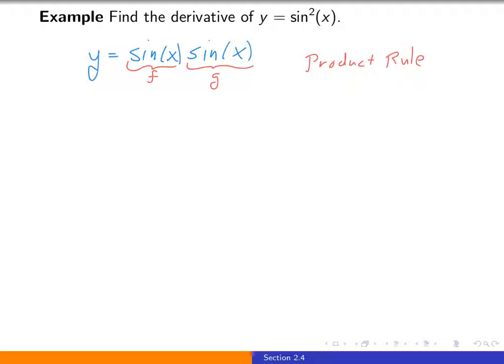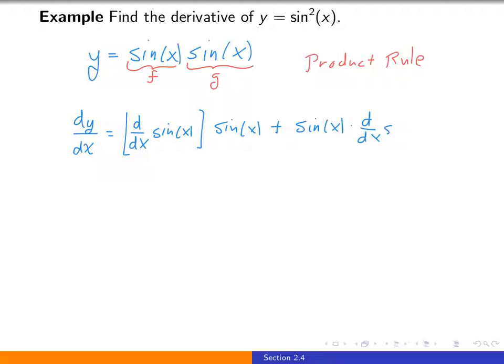of differentiation. And I'm going to simply just write out what the product rule tells us, and then after writing it out, we'll evaluate the remaining derivatives. So the product rule tells us that we take the derivative of the first function, so the derivative of sine, times the second function, plus the first times the derivative of the second.